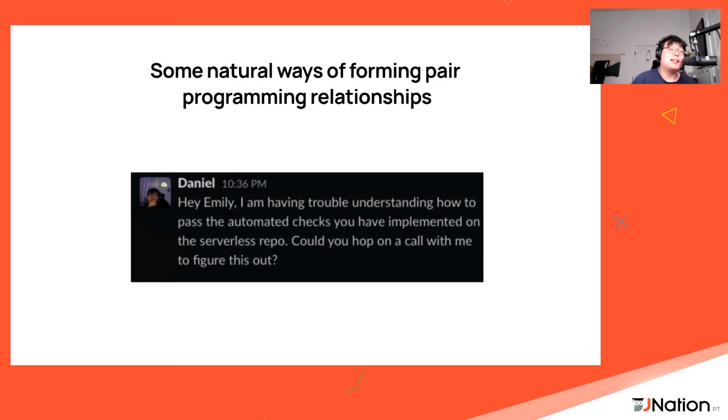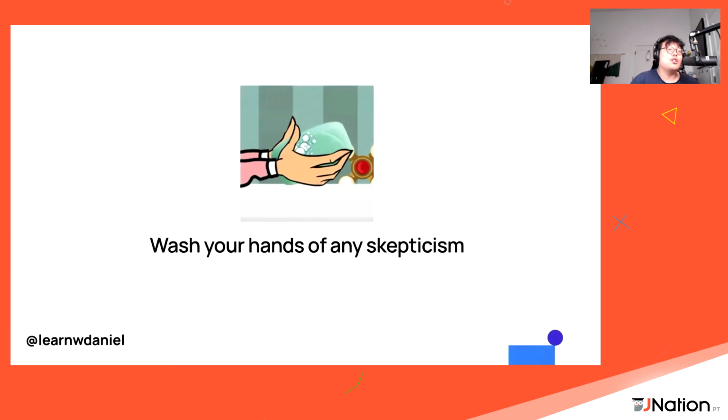Let's work on this together. So the conclusion is, if you're pair programming for the first time, approach this session with a lot of enthusiasm and optimism and energy to make the session work. I was really lucky to have a partner that did that, but when you have two skeptical people, it usually doesn't end very well.